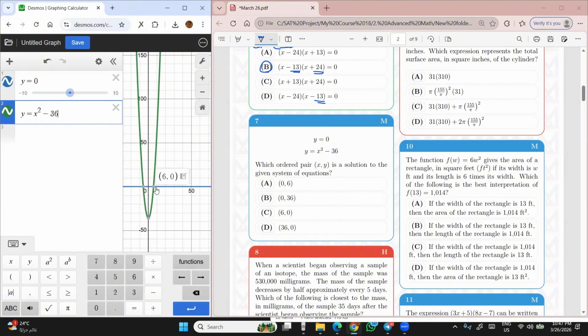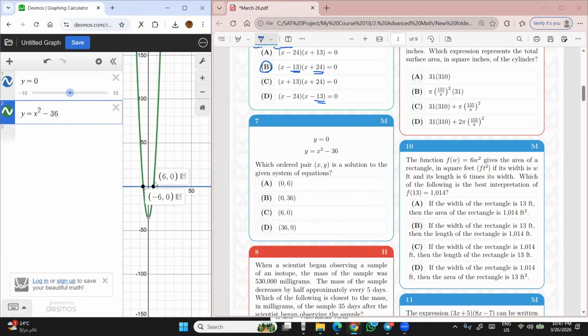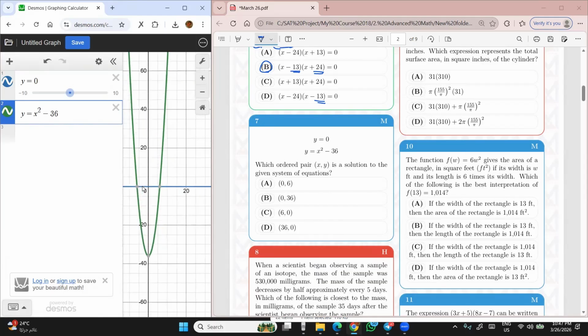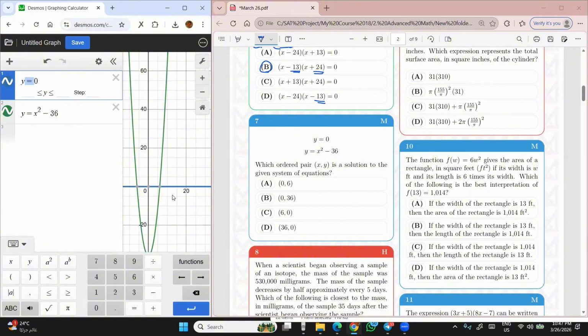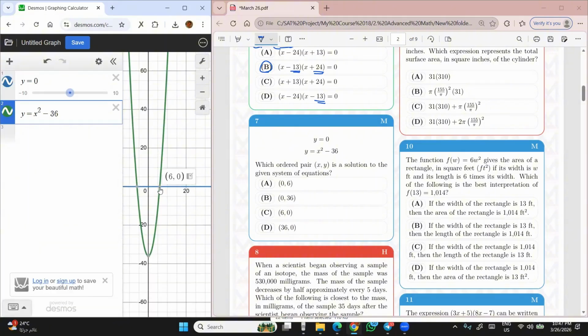And you can see here that the curve, which is the parabola, contains 2 points of intersection with the blue line. The blue line is y equals 0, which is called the x-axis. So we have 2 points, 6 and 0, or negative 6 and 0. One of them is given here, so we just choose it.